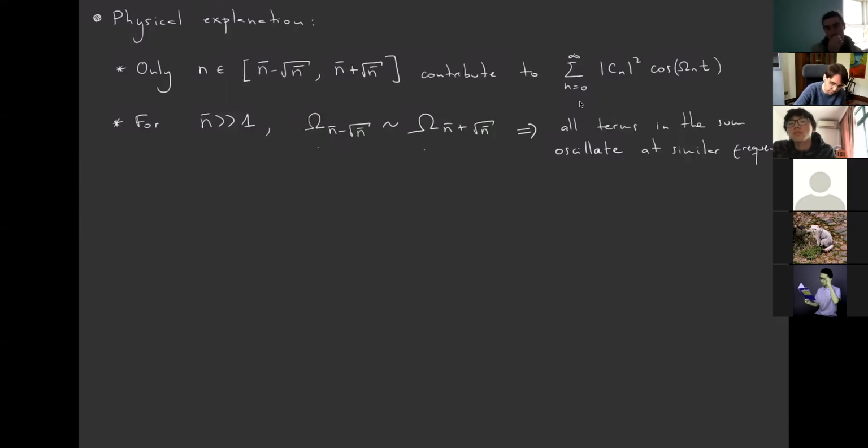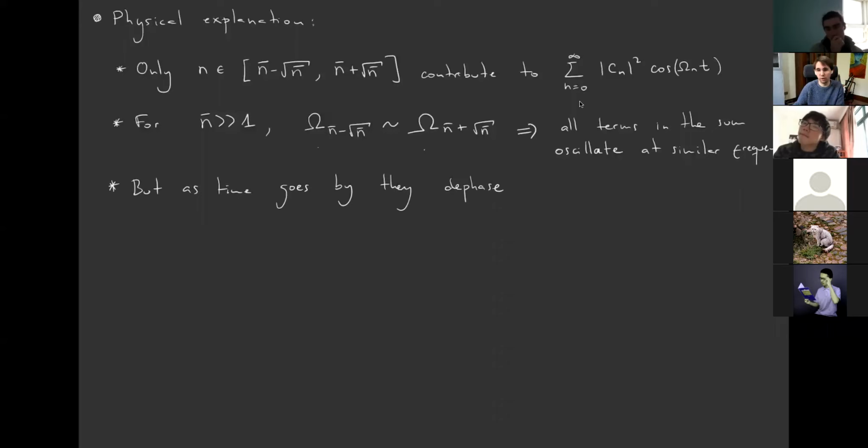However, of course, if you wait long enough, so as time goes by, they will dephase. You can imagine two frequencies that are very close: they will look like they oscillate at the same frequency initially.